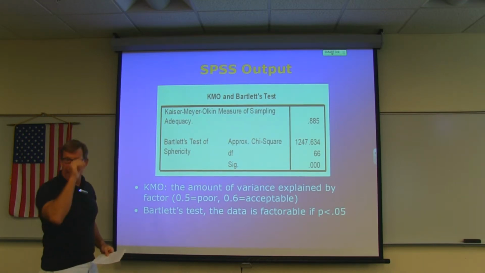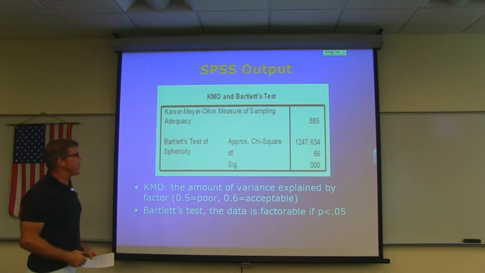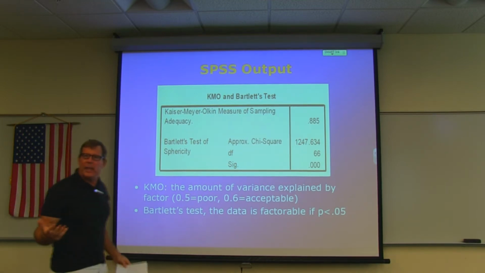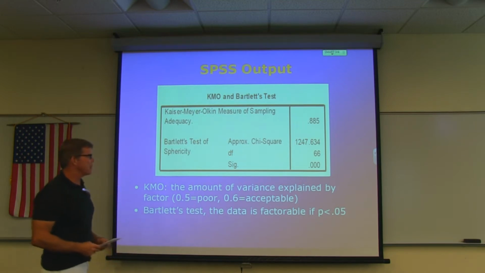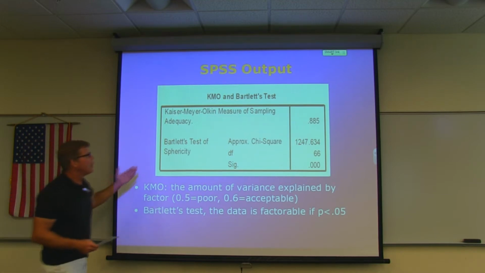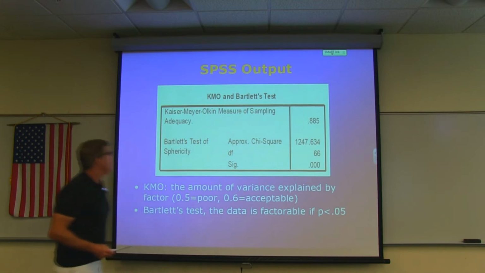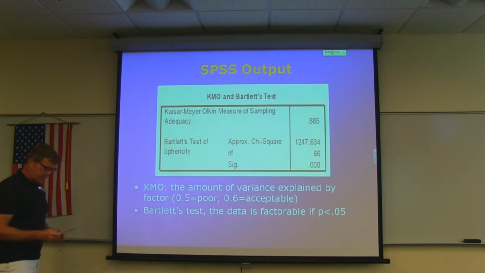This is telling us that we have enough research subjects in our sample to adequately conduct this factor analysis. Okay? So this KMO measures sampling adequacy, and we should have something greater than 0.5 or 0.6. We do: 0.885.